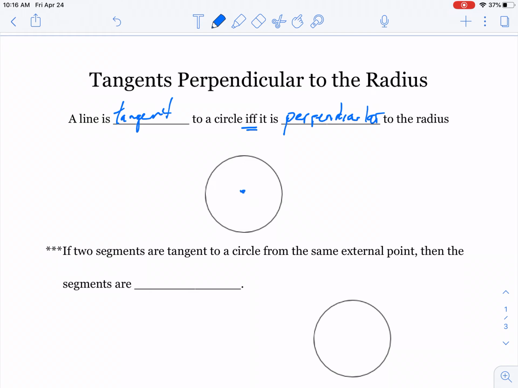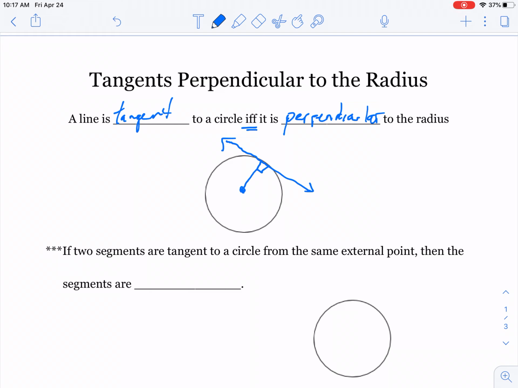So if we've got a radius here and we draw a tangent at that point of tangency, that tangent and that radius are going to be perpendicular.